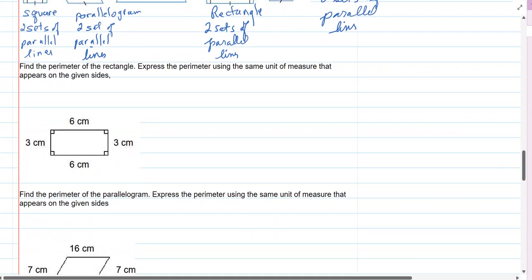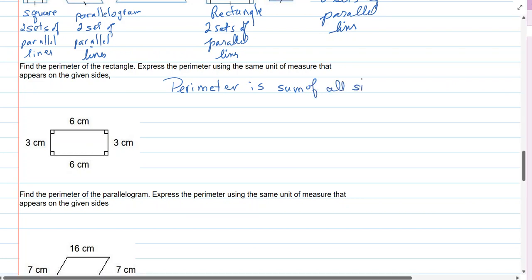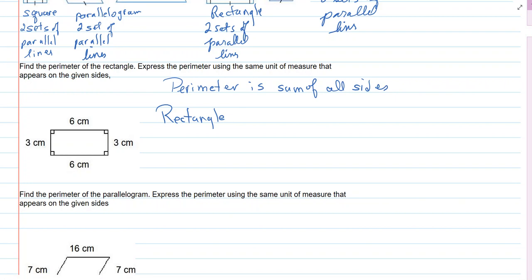Now we want the perimeter. Now remember, perimeter is a sum of all sides. And on this one, on a rectangle, we even have the fact that they're parallel lines.